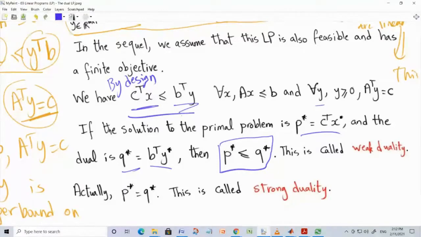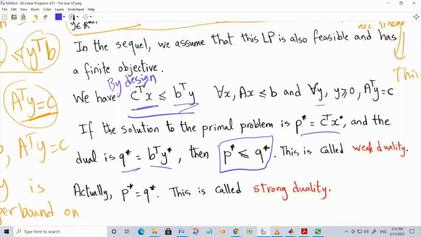Not very surprising. It is inherent in what we did, an attempt to upper bound. But here is the surprising result: actually, P star is equal to Q star. If your linear programs are feasible and they have finite objectives, P star is equal to Q star. If you obtain the optimal solution to the primal program and the dual program, they are the same.